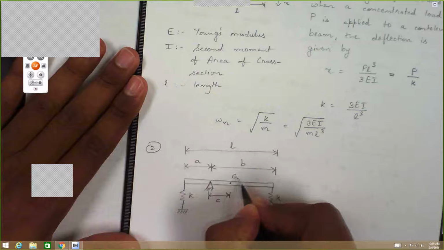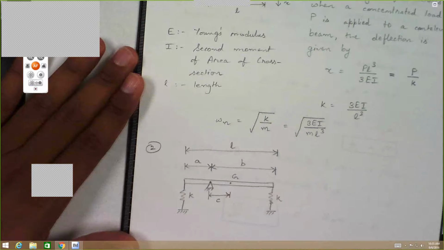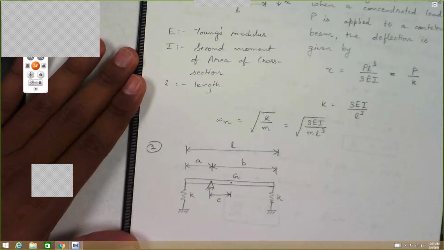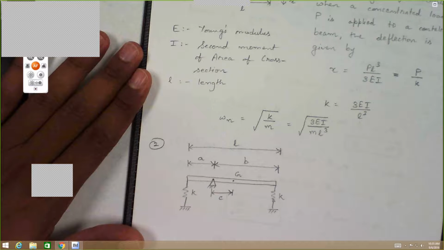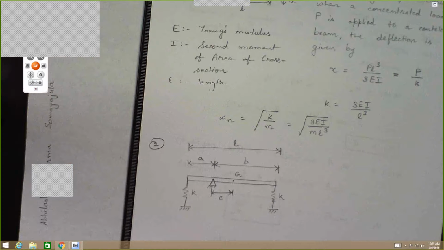This point is called G, the center of the beam or the center of gravity. And let's assume that the beam is horizontal in static equilibrium.